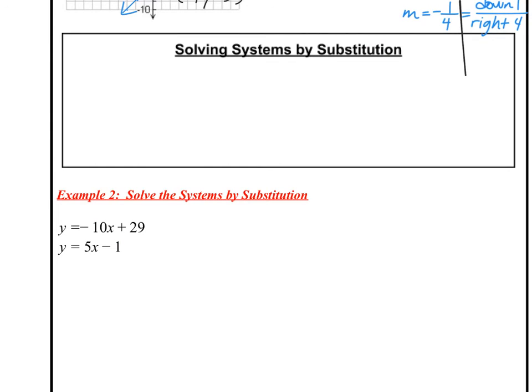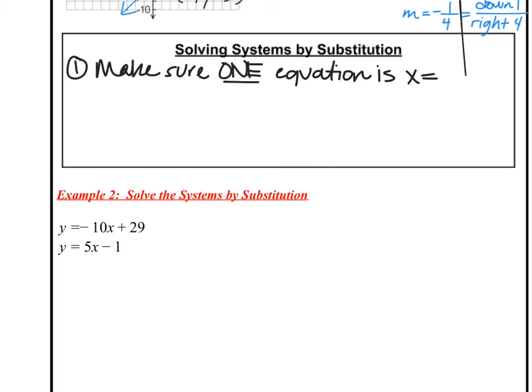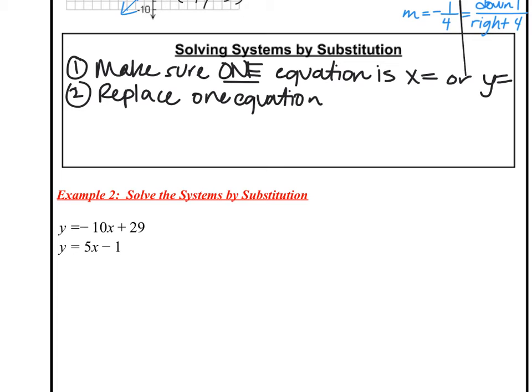First thing I need you to do is make sure, so step 1, make sure one equation is x equals or y equals. Second thing, okay, we just talked about how substitution means replace. So you will replace one equation into the other.